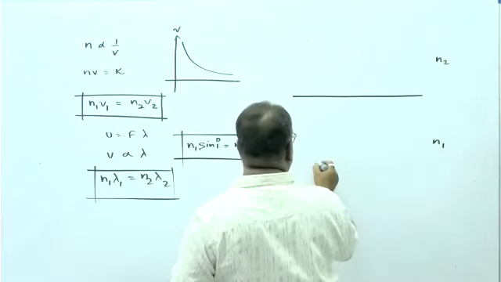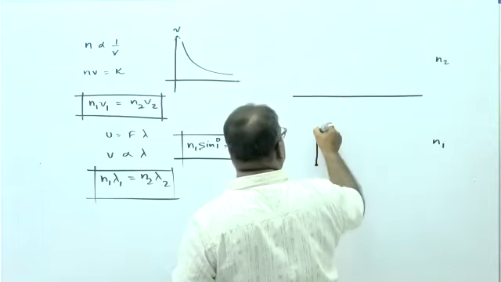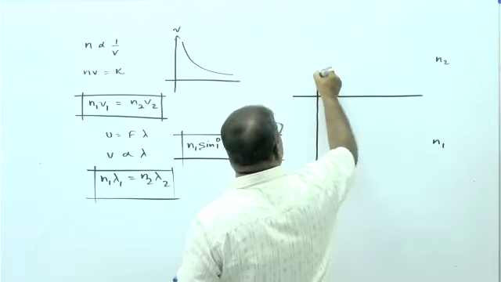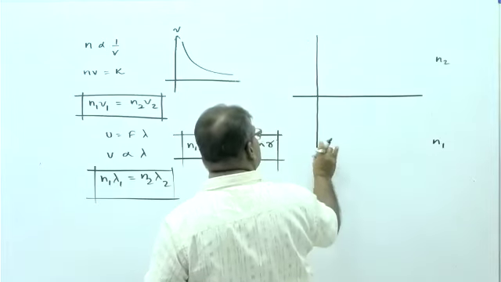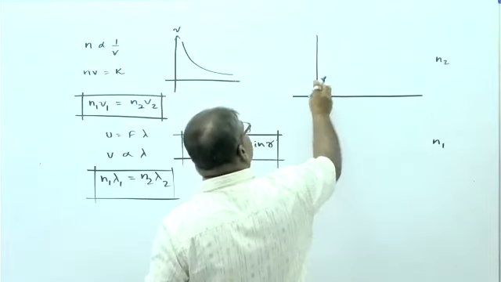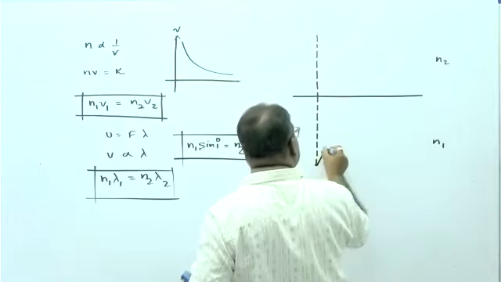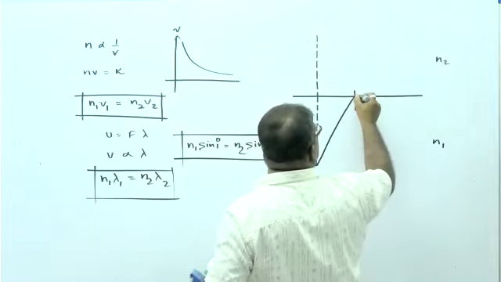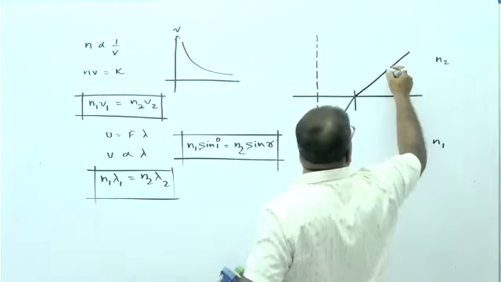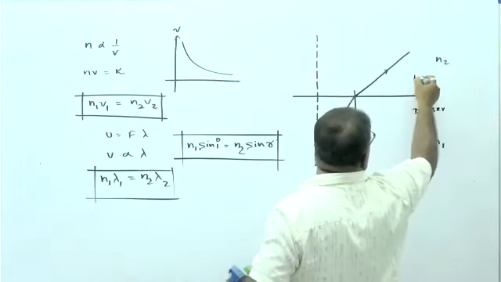Here we have the position of the object. This is the vertical location of the object. This object is seen by an observer in the second medium. Let this one be denser, this one rare.